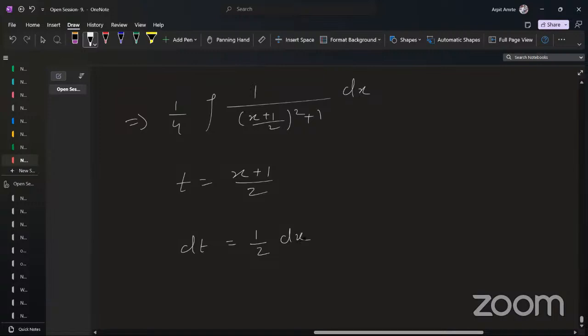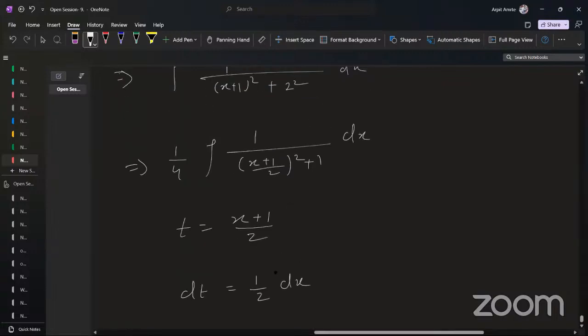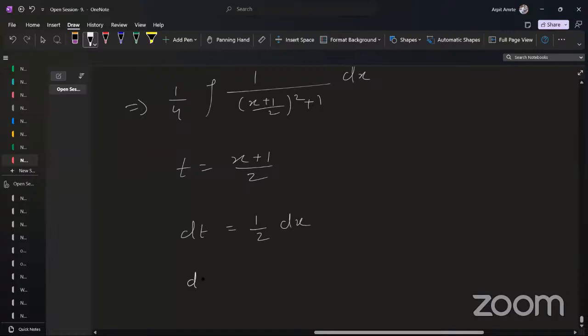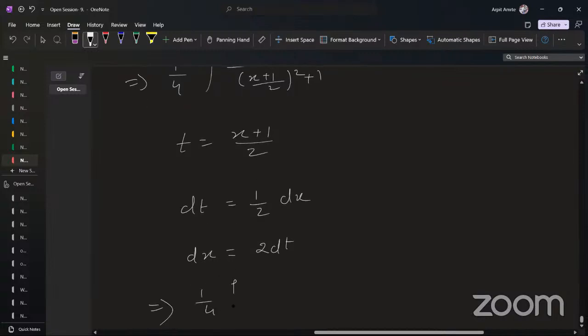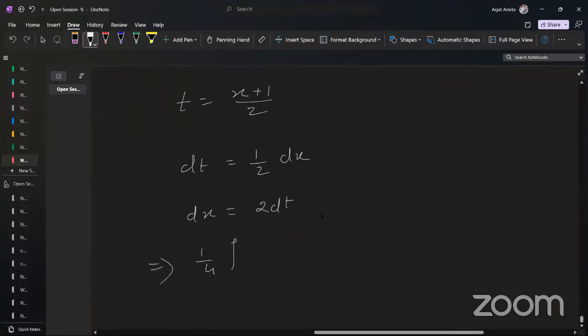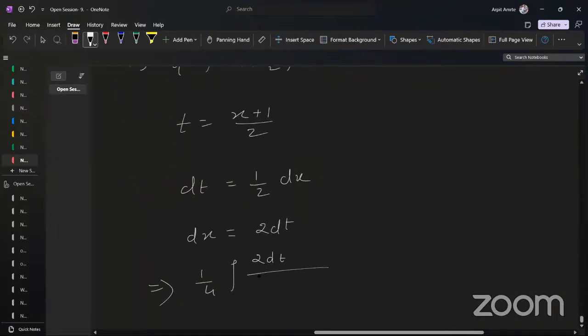Or dx will be 2 times dt. So just substitute here: 1 by 4 into dx, where the value of dx is 2 into dt, divided by t square plus 1.